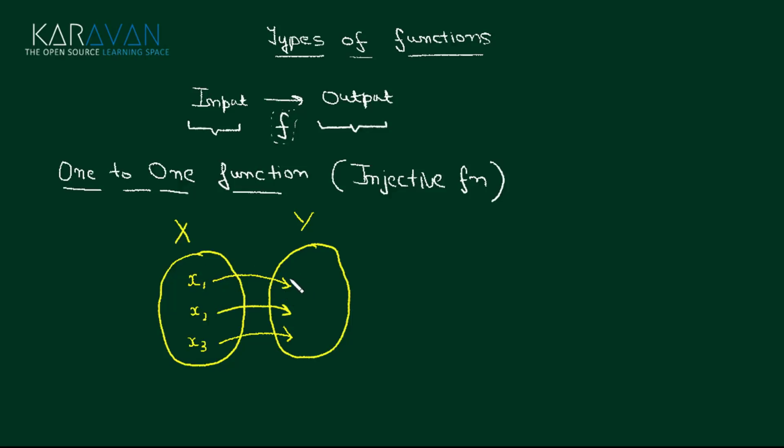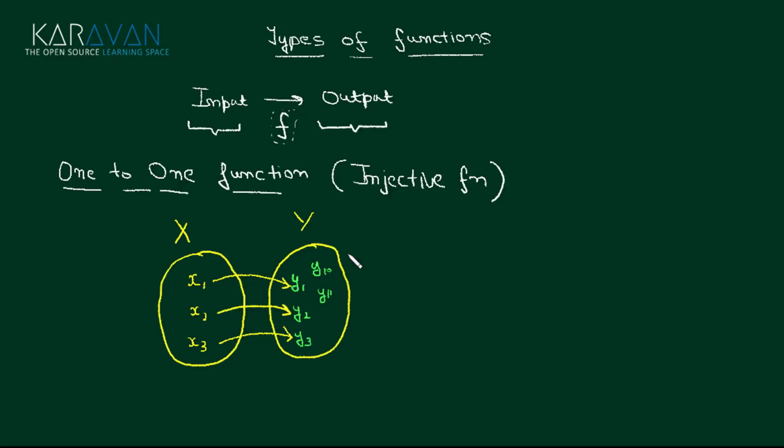X1 will link to say Y1, X2 will link to Y2, X3 will link to Y3, and there is one more very important property here, that there cannot be any isolated X. Though there can be isolated Y's here, Y10, Y11 that are not mapped onto X, there cannot be any X that is not mapped onto Y.